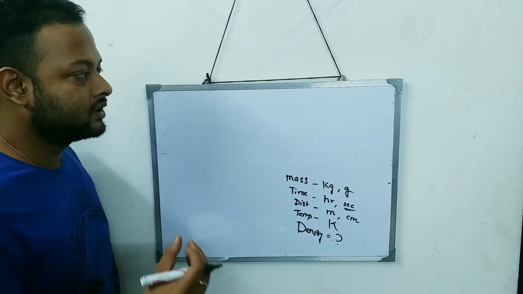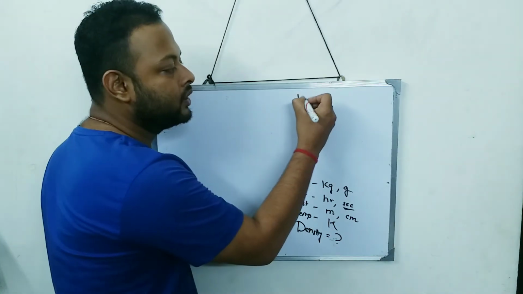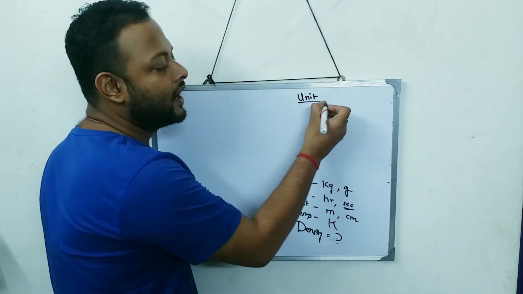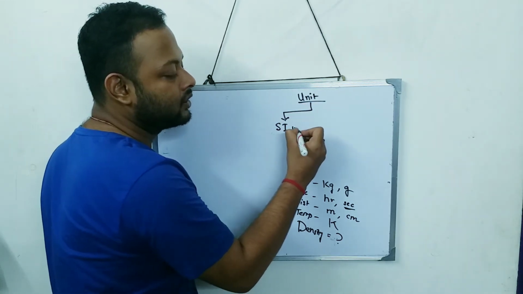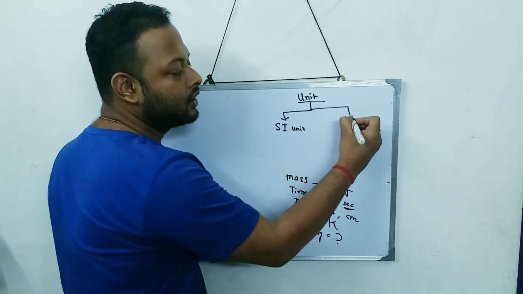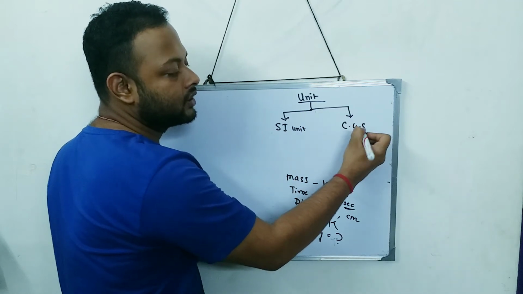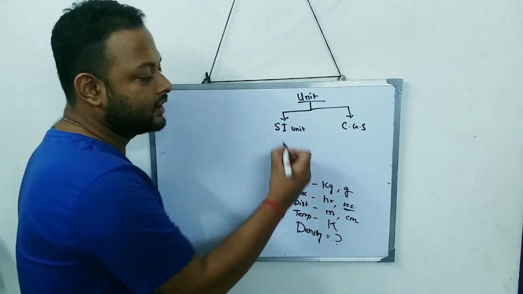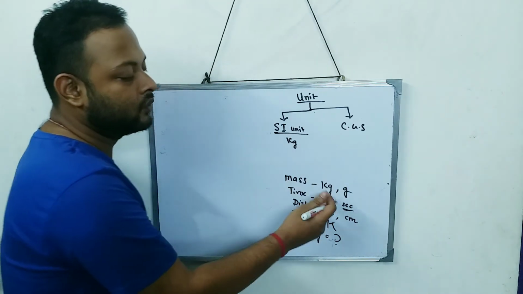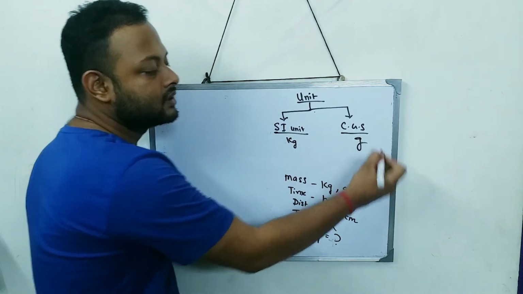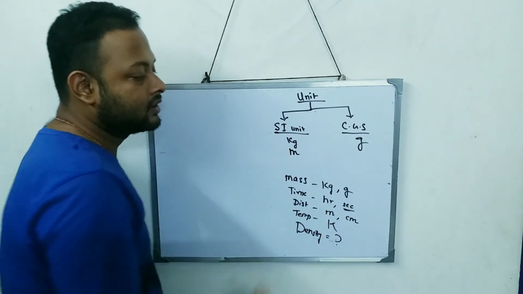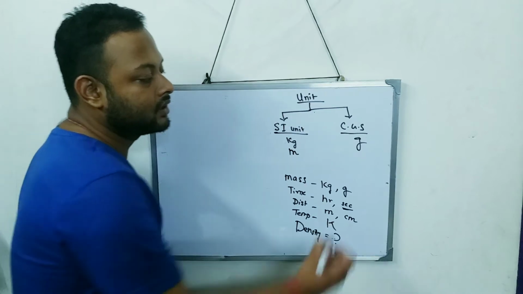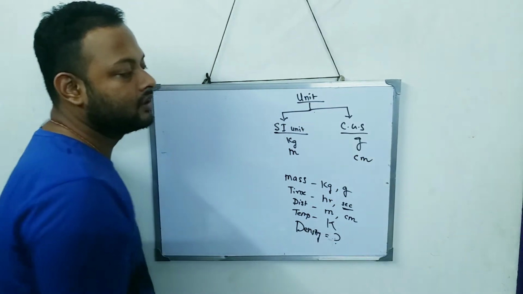Now the first thing that you have to know, when we talk about units, we have two types of units. One is called the SI unit and the other is called the CGS unit. Like kg is an SI unit, whereas gram is a CGS unit. Meter is an SI unit, whereas centimeter is a CGS unit.